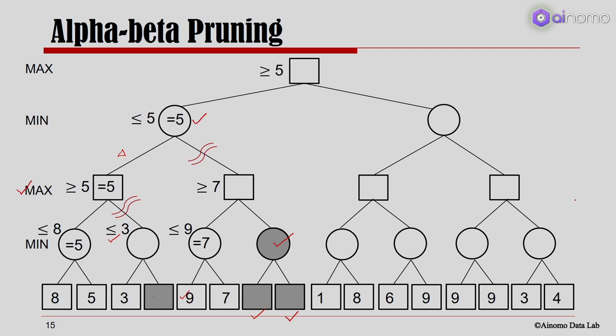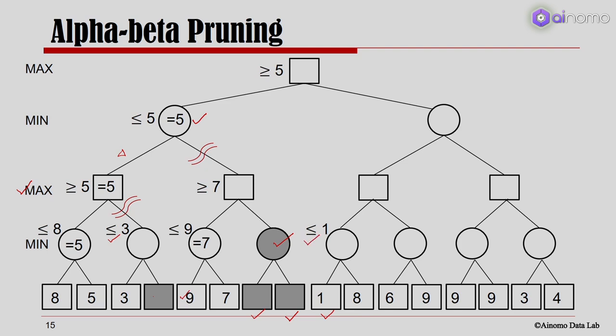Now let's focus our attention on the right subtree. At the root I have 5 coming from the left side, and I start with the leaf node here which is 1, back it up to the min level, so I have something which is less than or equal to 1.